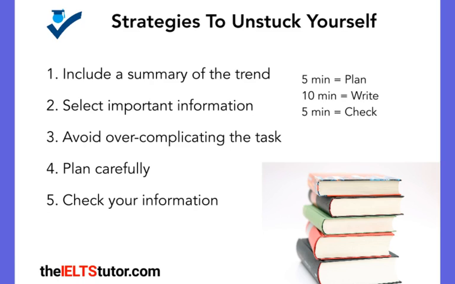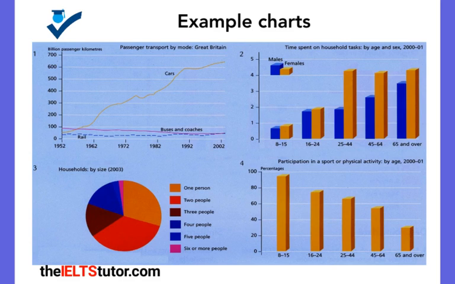Okay, so what we're going to do is look at some example charts, and take a look at how to write a clear introduction when we summarize our data, and how to choose what information to include.